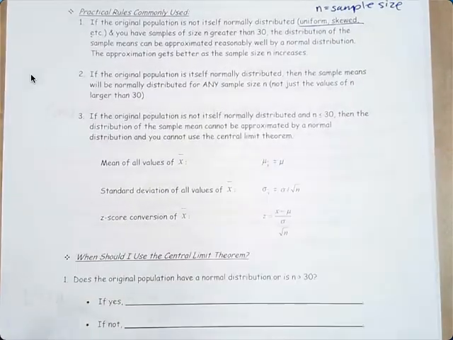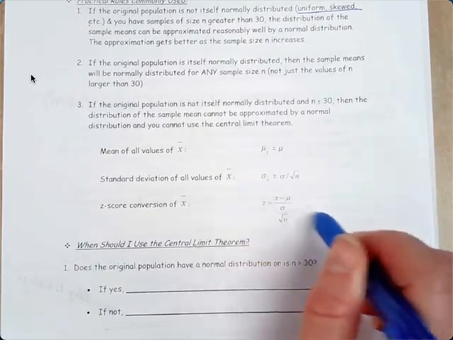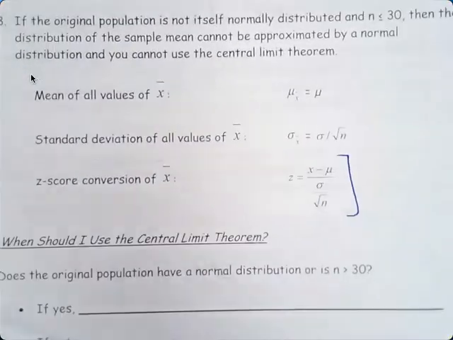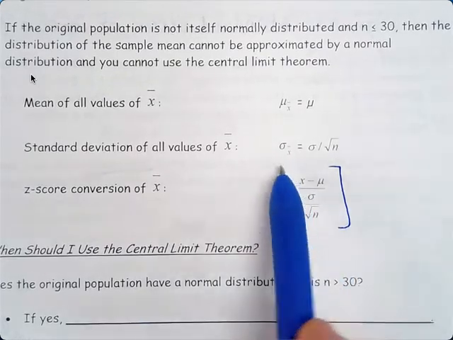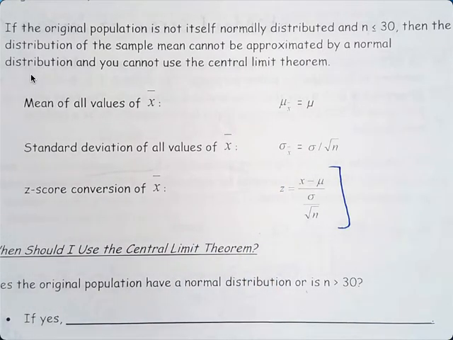So here are the formulas: the mean of all values of x bar, the standard deviation of all values of x bar, and then the z-score. So this one is new. We were able to find the z-score similar to this, but the thing that changed is instead of using, I believe that's sigma, now we're using sigma over the square root of n.